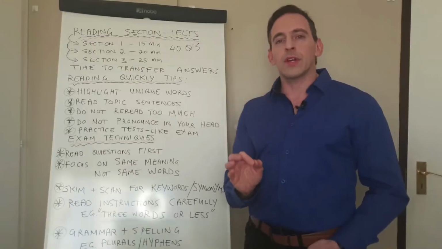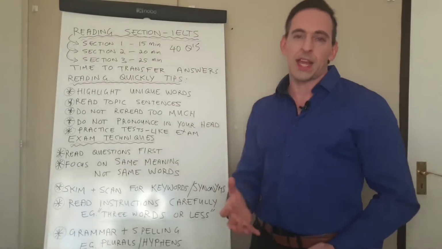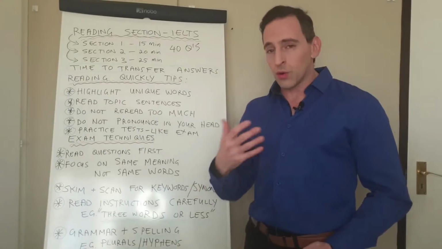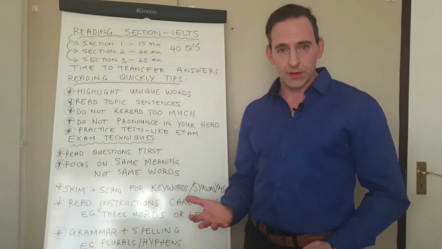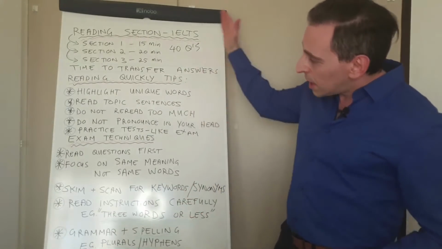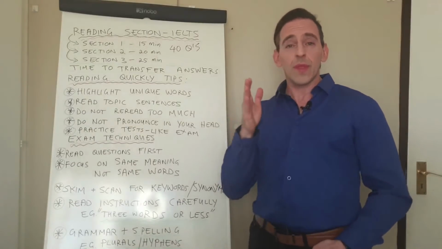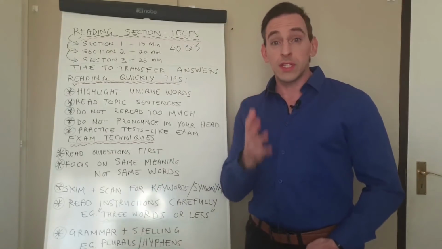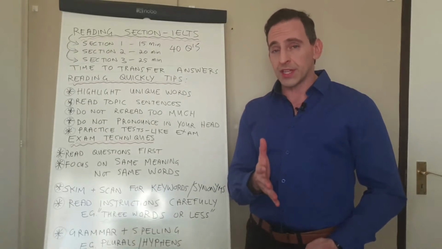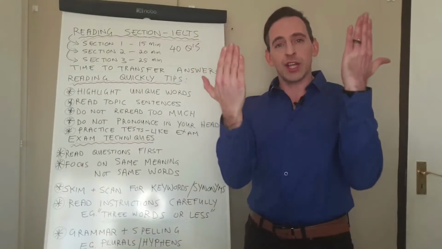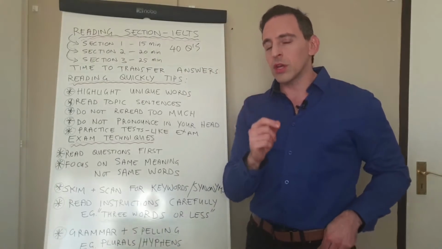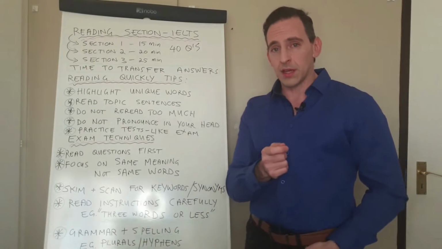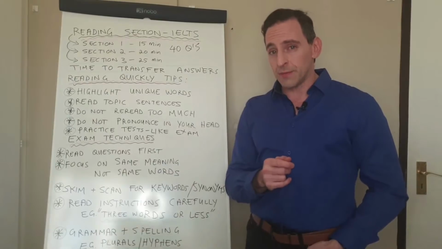We're going to cover typical mistakes that can cost you a grade or a band for no reason. After that, I'm going to take all of this off, and we are going to do an important technique for one of the most difficult parts of the reading section, which is the matching headings. So we're going to look at a very simple technique that can make this a lot easier.